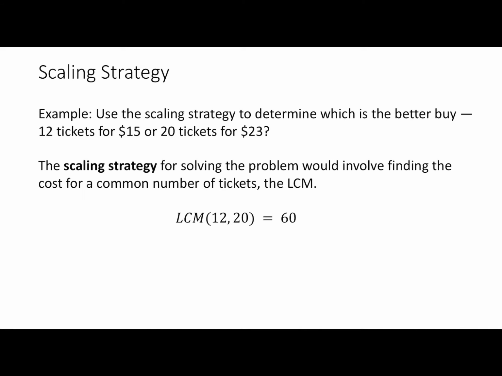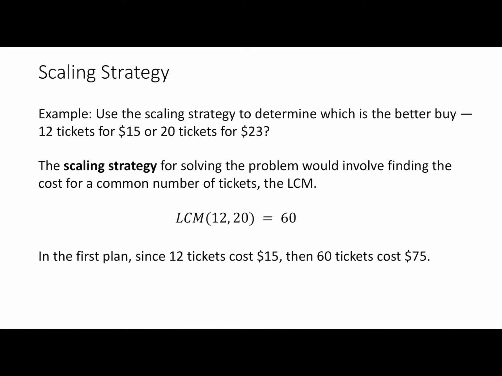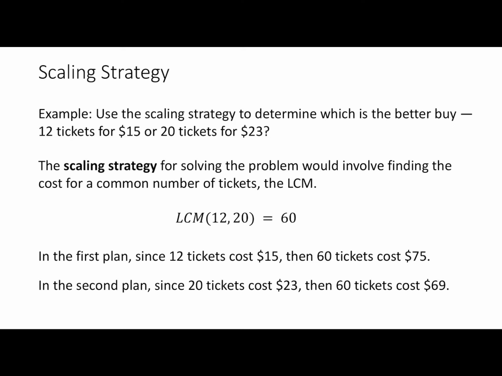So the price of 60 tickets is going to be 5 times 15, or $75. In the second plan, to get to 60, I need to multiply by 3. So the price of 60 tickets in the second plan is 3 times 23, or $69. Now comparing these, they both are the cost of 60 tickets, and so the cheaper or better buy is the second option, right?